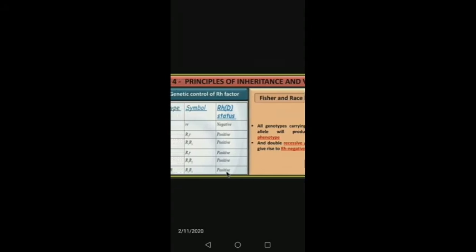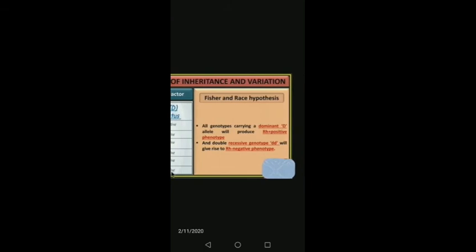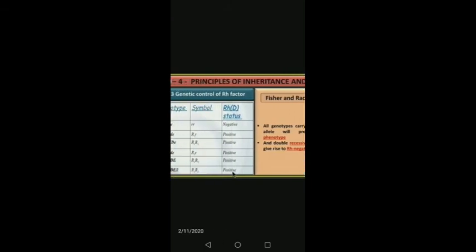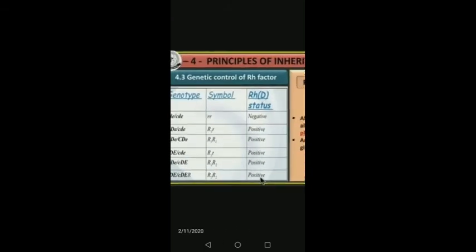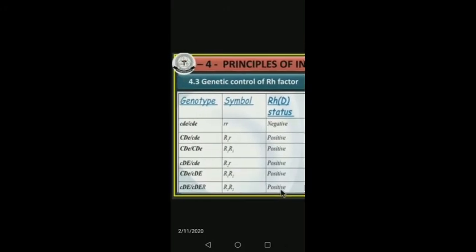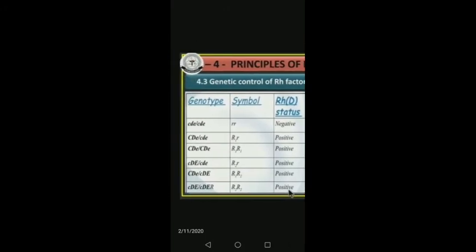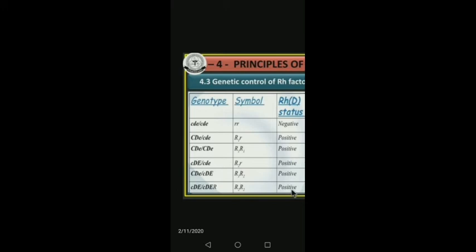In Fisher and Race's hypothesis, they describe dominant and recessive characters. Rh factors involve three different pairs of alleles located on three different closely linked loci on the chromosome pair. This system is commonly used today and uses the CDE nomenclature.